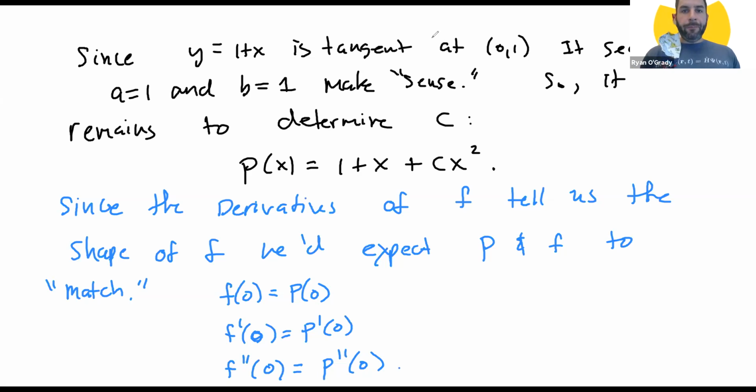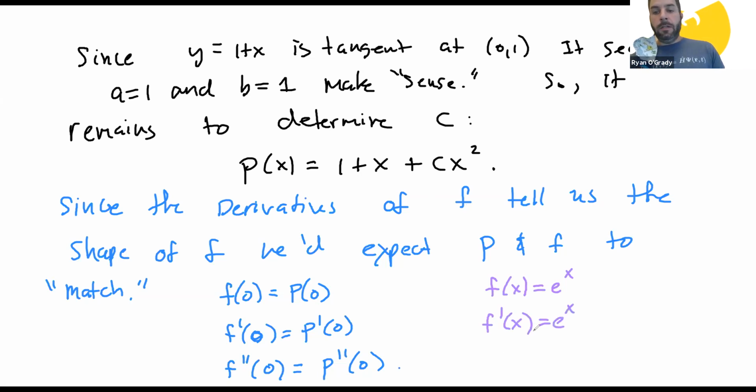Now, don't forget, and maybe you forgot already, that f of x is e to the x. F prime of x is e to the x. And f double prime of x is e to the x. And so that means f of 0 is 1, f prime of 0 is 1, and the second derivative at 0 is 1.